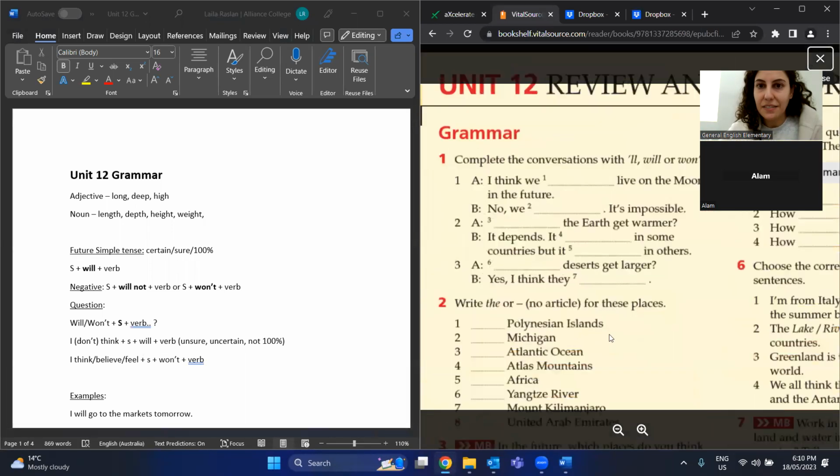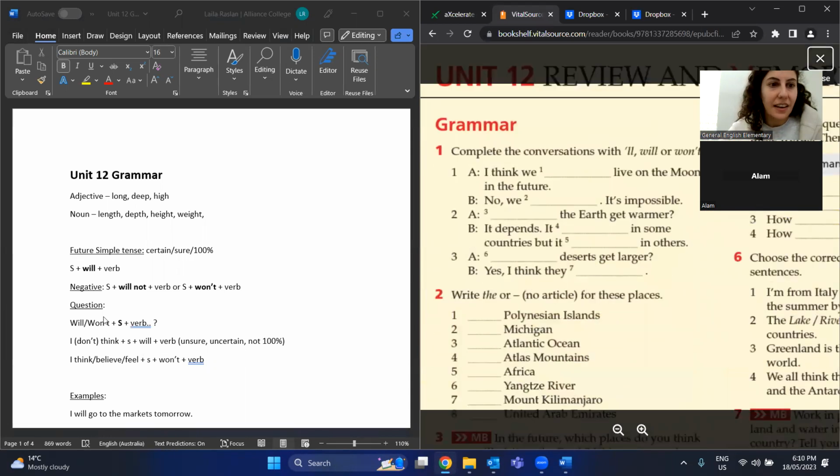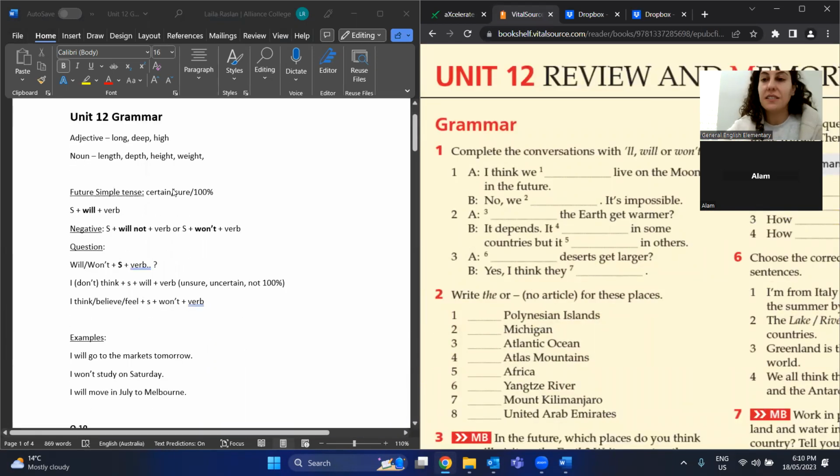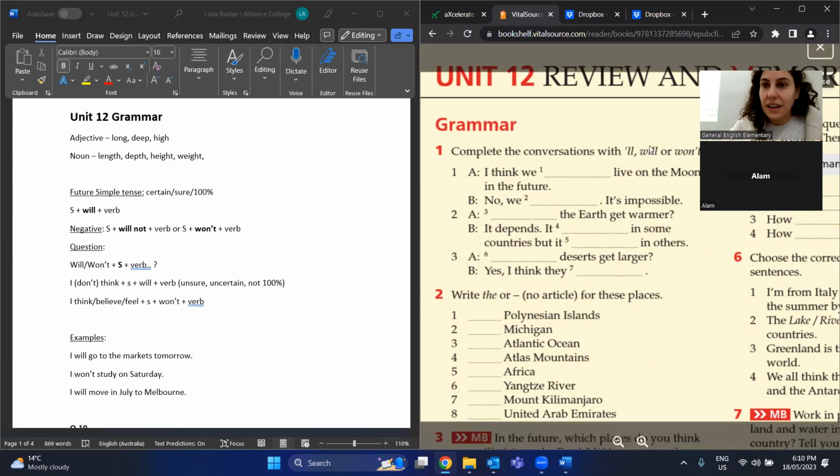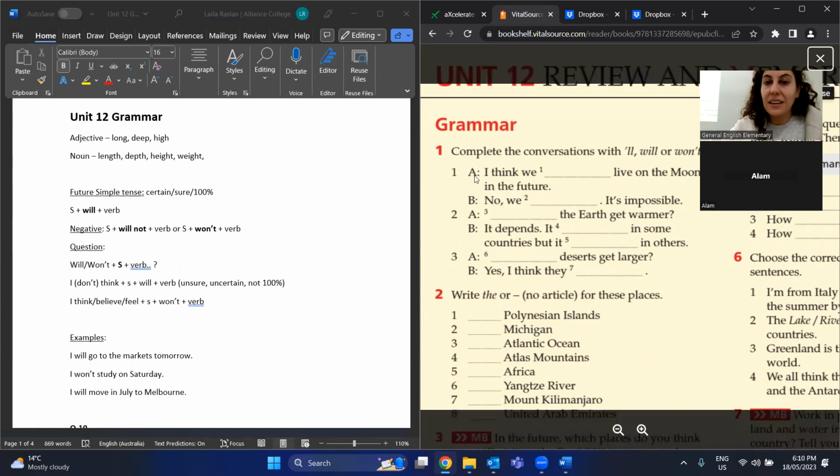So this is what we have. We looked at the future tense where you're certain, you're sure that something's going to happen, and you say the time. So tomorrow I will have a test. On the weekend, I will see my friend. If it's a negative, you can say I will not or I won't, whatever action. So let's do A. The next test is Unit 10, 11, and 12.